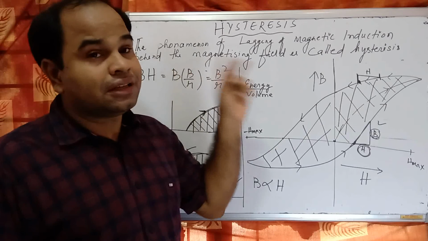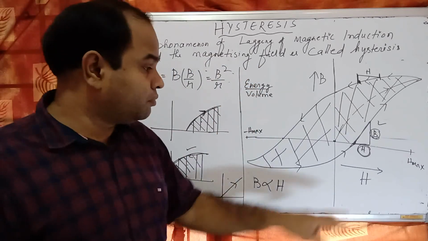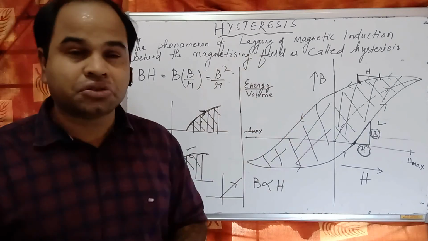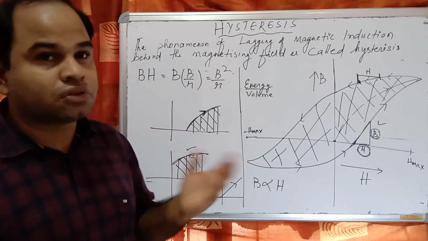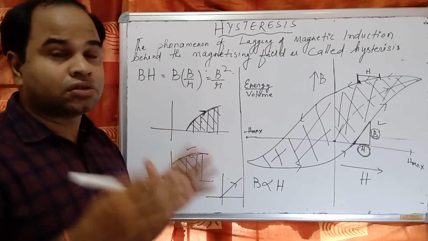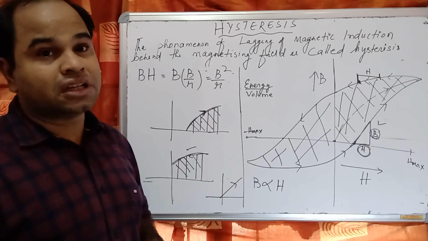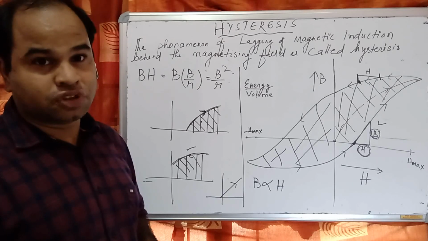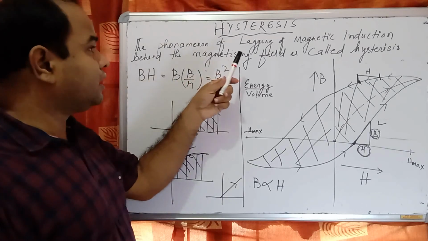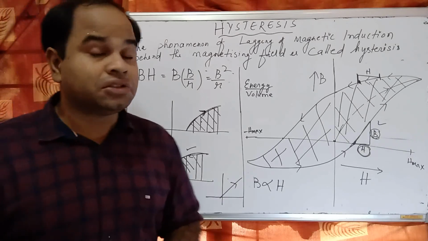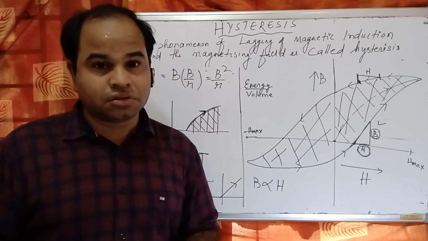Again, there is a lagging between B and H during this process. This process is called hysteresis, and the loss during this process is called hysteresis loss, जोटे कि हमें ट्रांसफॉर्मर में पढ़िबो. ठीक अछि. The phenomenon of lagging of magnetic induction behind the magnetizing field is called hysteresis. ठीक अछि.